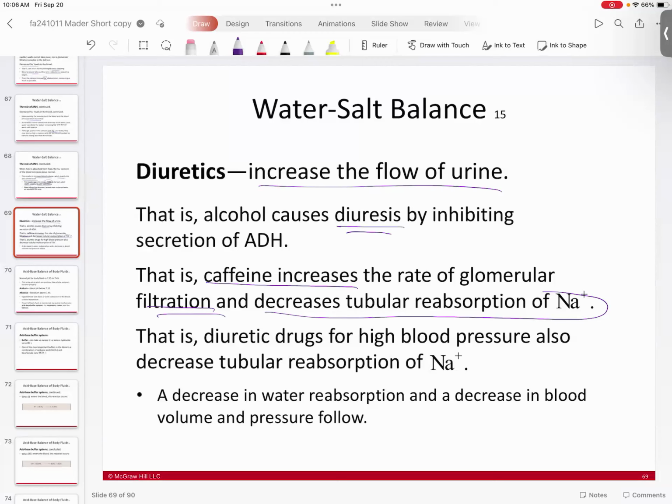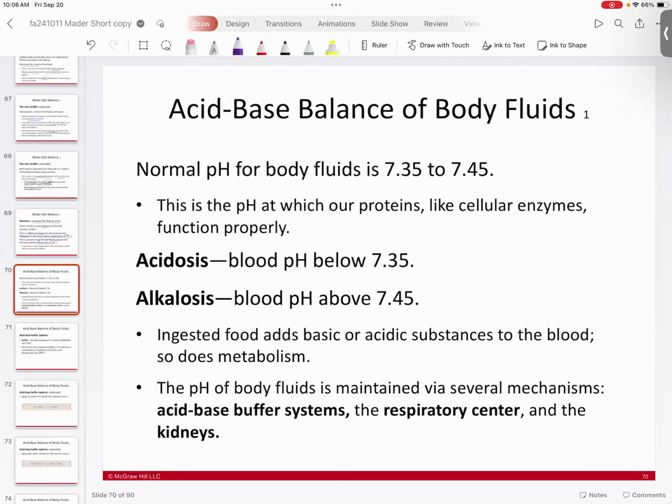And so there are diuretic drugs for high blood pressure, for instance. If you need to get rid of fluids, it'll decrease your sodium reabsorption and decrease your water absorption, decrease the blood volume, and decrease your pressure. That's how it gets to your blood pressure.